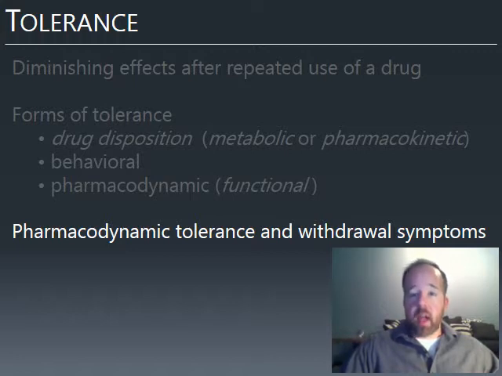And so you get things like the opposite of the effect that the drug usually has. And so you have increased sensitivity to pain under opioid withdrawal, for example.